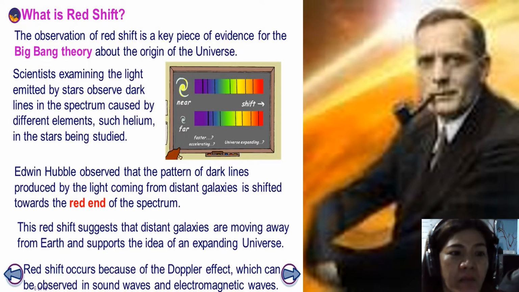So Edwin Hubble observed that the pattern of dark lines produced by the light coming from distant galaxies is shifted towards the red end of the spectrum. So this redshift suggests that the distant galaxies are moving away from the Earth and supports the idea of an expanding universe. So redshift occurs because of the Doppler effect, which can be observed in sound waves and electromagnetic waves.